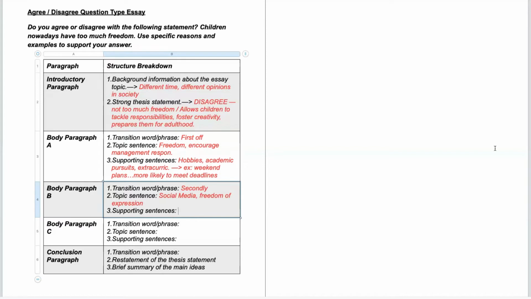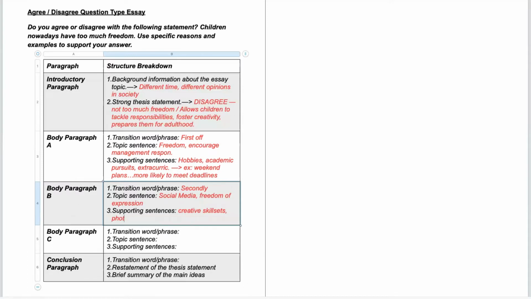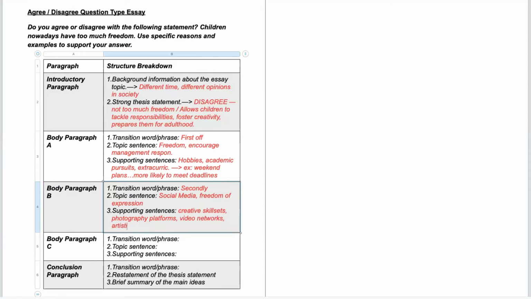Then for my supporting sentences, my examples, and my explanations, I'm going to talk about creative skill sets. I will mention perhaps some ideas from social media outlets like photography, platforms, video networks, and basically artistic skills. And an example of this will be perhaps teenagers learning about artistic skills on social media.